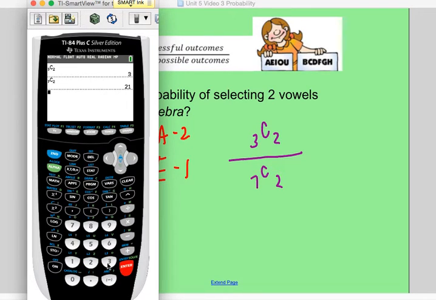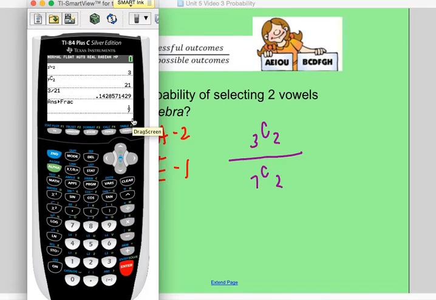So it's 3 over 21. I can do 3 divided by 21, and here it is as a decimal. If you wanted to make it into a fraction on this calculator, you go math, frac, enter, enter, and here it is as a reduced fraction.